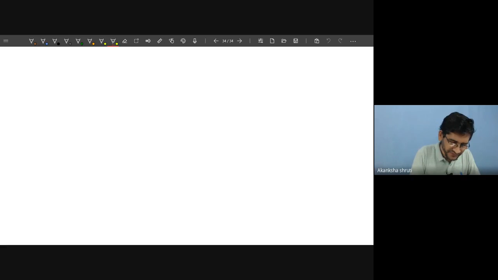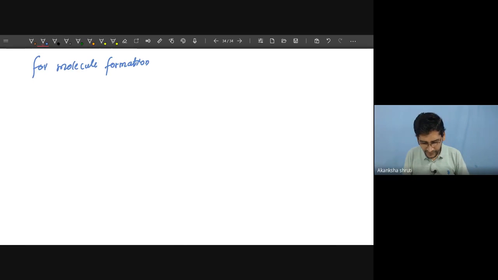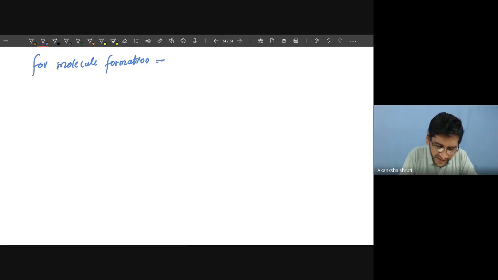Student, for molecule formation, what we need to understand is that it is better to understand the atoms in the form of their ions if we want to write the molecule.